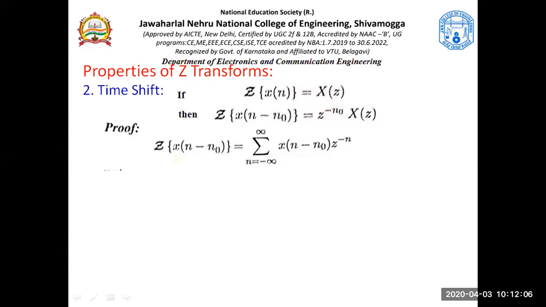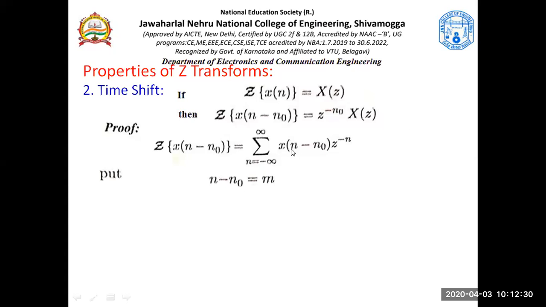Now, what would happen? You have not seen something like x of n minus n naught z to the power of minus n. No, we have not seen that, right? So to bring it to a proper form, what we shall do is this. So n minus n naught is there, right? This n minus n naught needs to be substituted as m. Why?